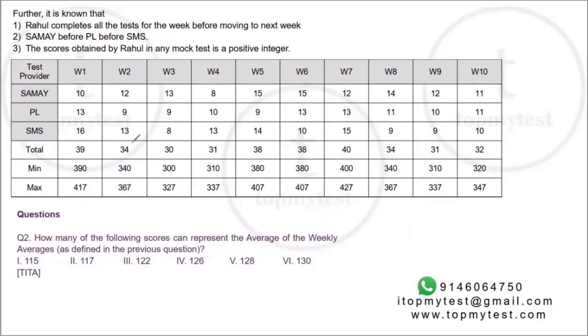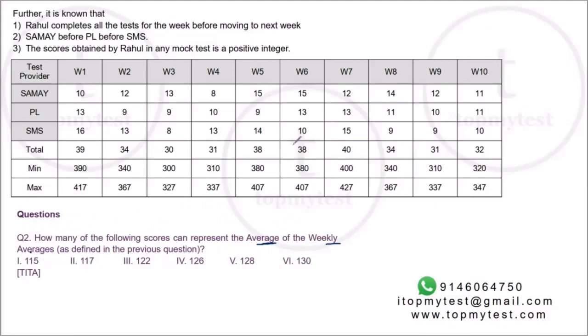Once you have created the table like this, neatly written it down, the second one should not be very difficult. How many of the following scores can represent the average of the weekly averages as defined in the question? So basically this is the total, and I need to check with everything multiplied by 3.